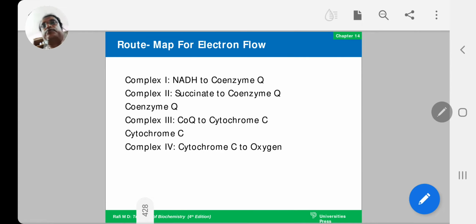So, the flow of 2 electrons from NADH to coenzyme Q leads to pumping of 4 hydrogen ions out of the matrix.